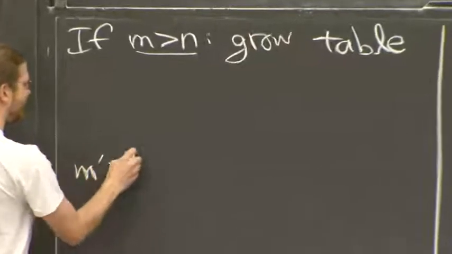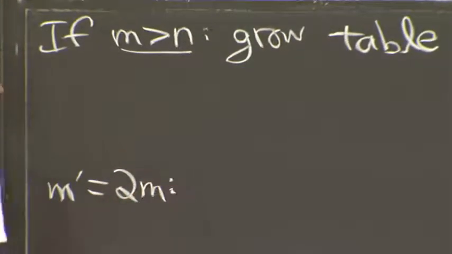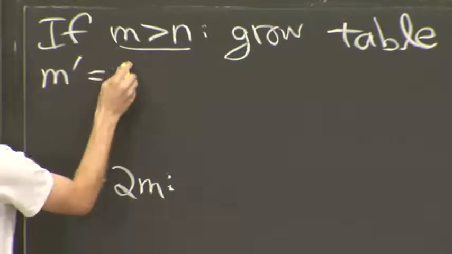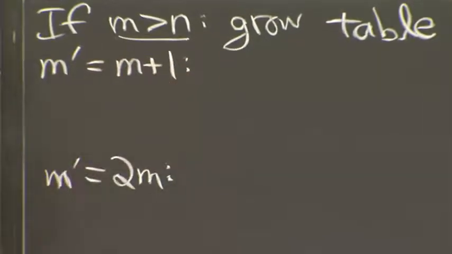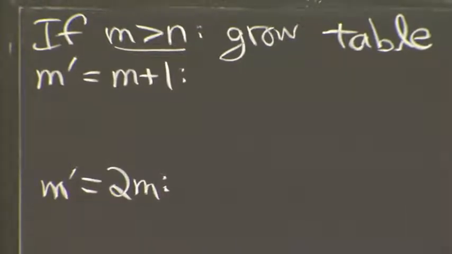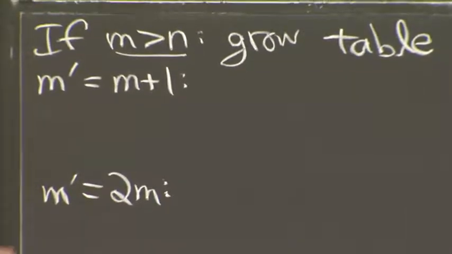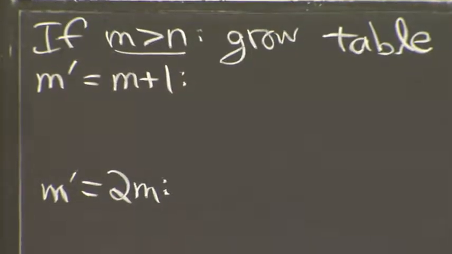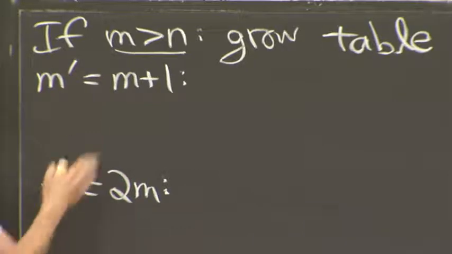M prime equals 2m is the correct answer. But for fun, or for pain, I guess, let's think about the wrong answer, which would be just make it 1 bigger. That'll make m equal to n again. So that seems it's at least safe. It will maintain my invariant that m is at least n.